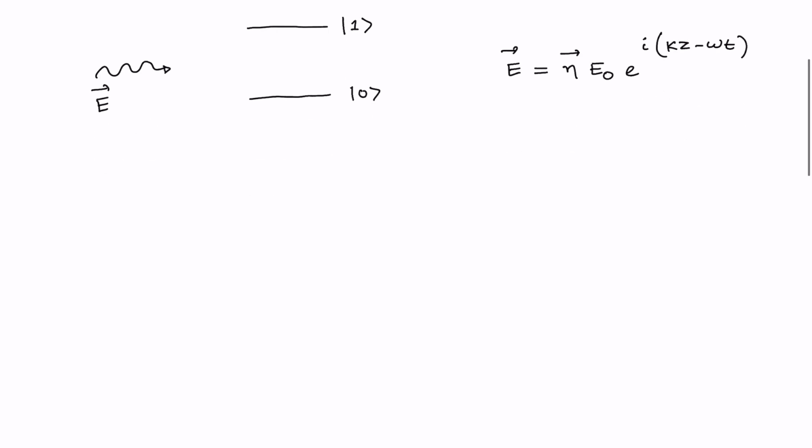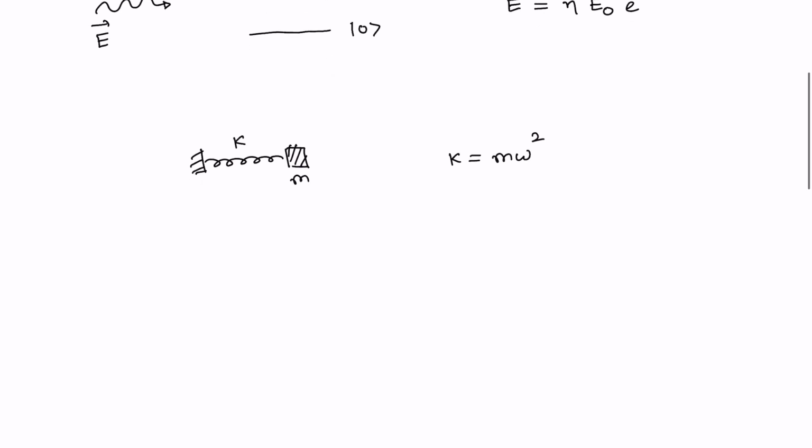To do that, let us be reminded about the so-called classical harmonic oscillator where a mass m is attached to a spring of spring constant k, where k we can also write as m omega square, where omega is the angular frequency of oscillation of the mass.